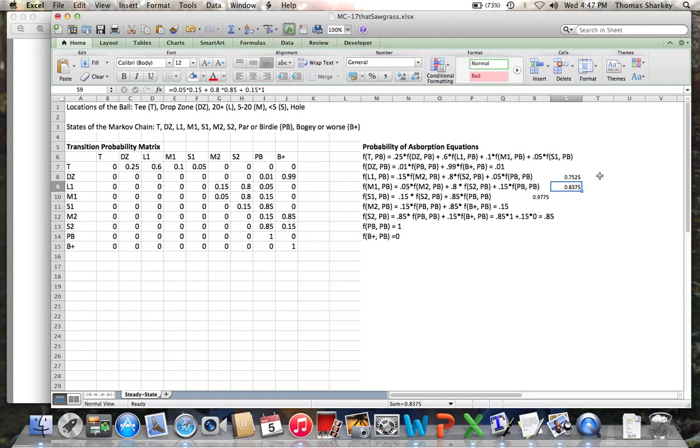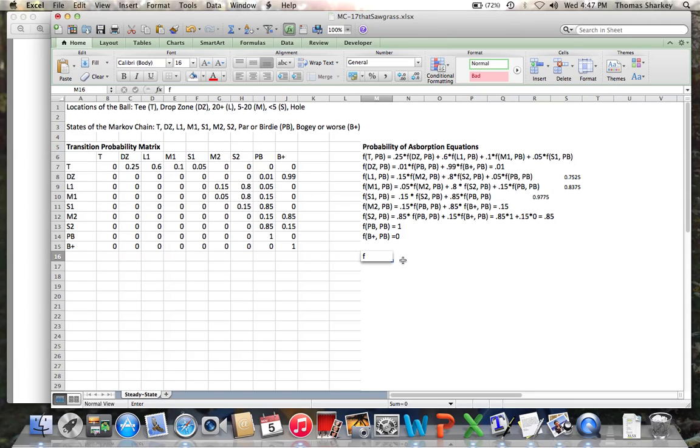What is nice is, in order to know f of T comma PB, I needed to know f of DZ comma PB, which is 0.01, f of L1 comma PB, which is 0.7525, and then f of M1 comma PB and f of S1 comma PB.